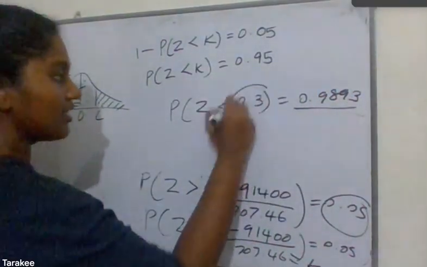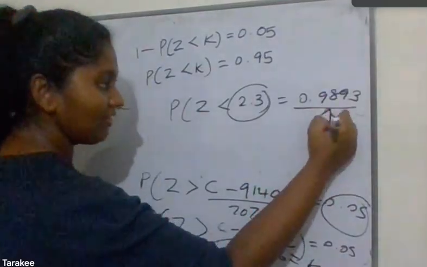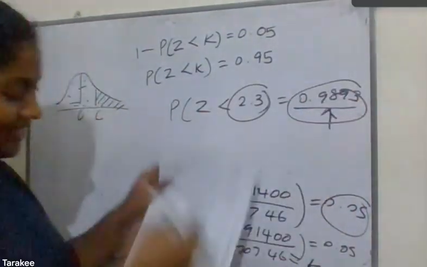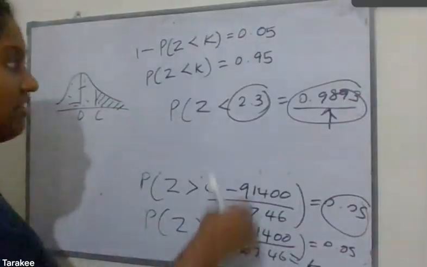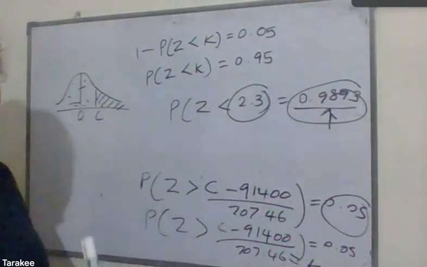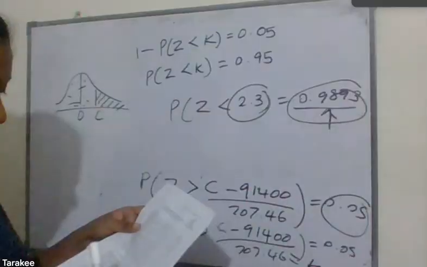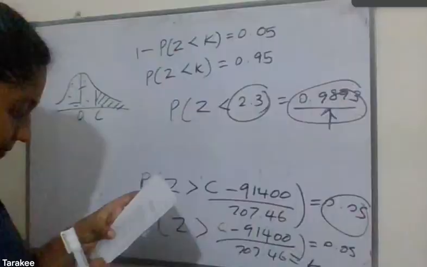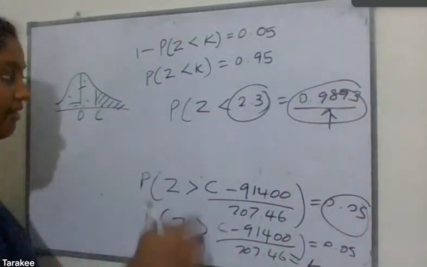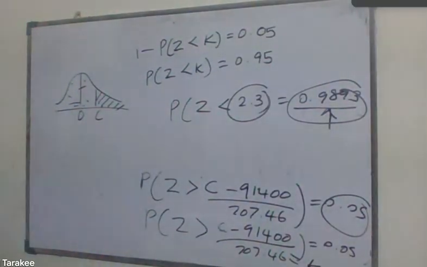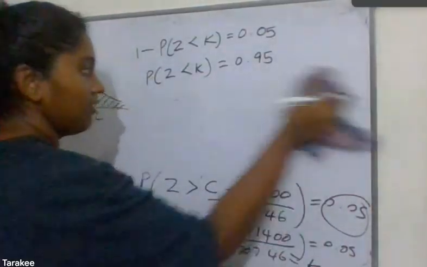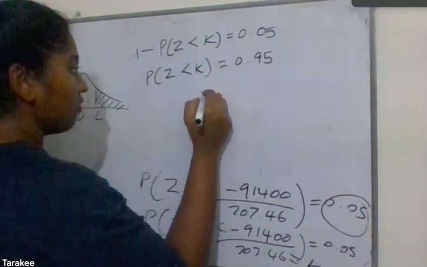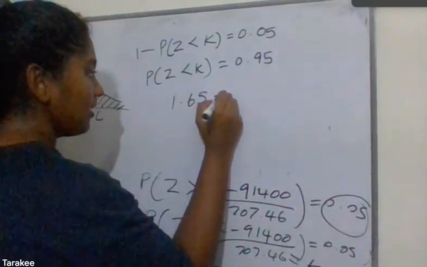Now here we don't know this value, but we know this one. This value is inside the table. So 0.95 is inside the table. So we have to find 0.95, which is 1.65. So 1.65 is K.